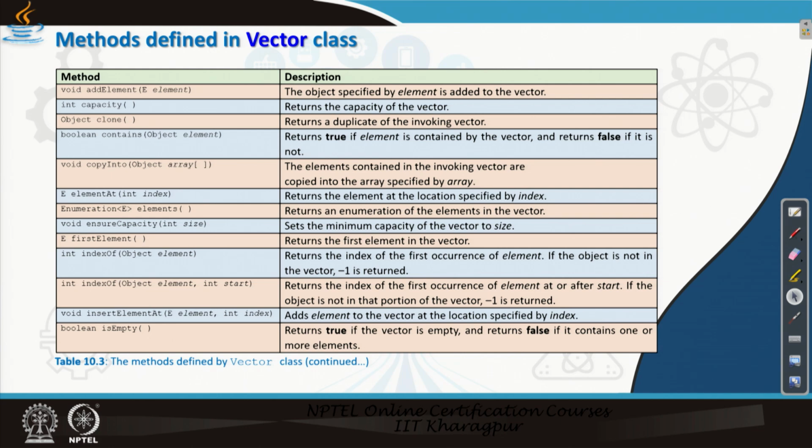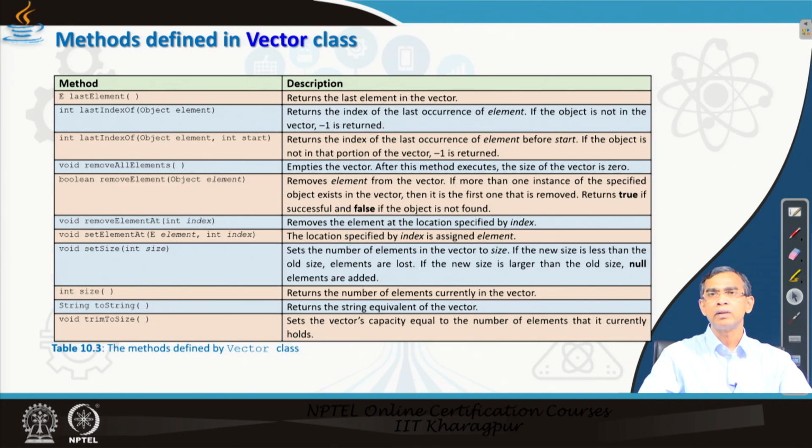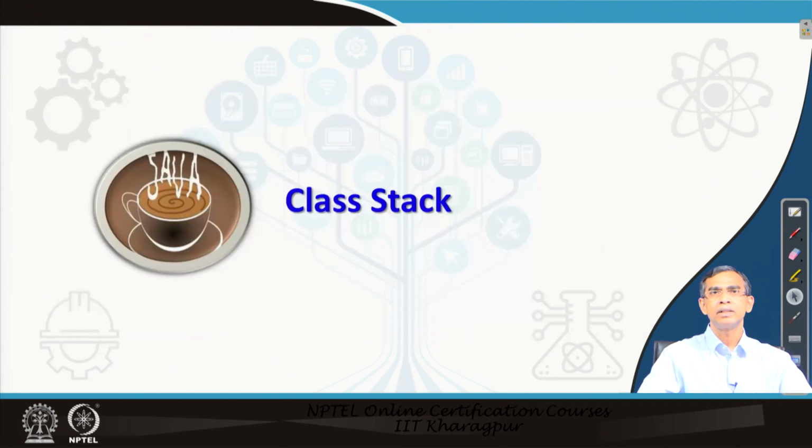There are methods like insert, index of, knowing the status of whether a particular Vector collection is empty, removing an element, and seeing the current size. So, all these operations related to insertion, deletion, traversal, modification and knowing the status are defined in the Vector class.